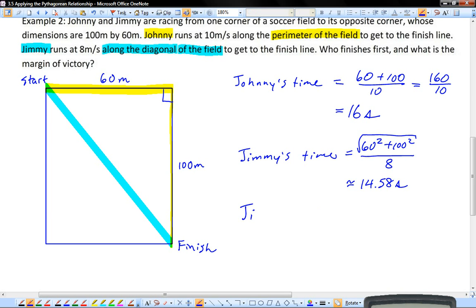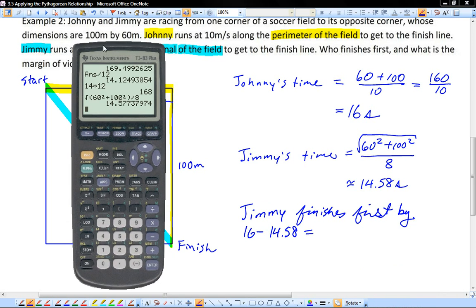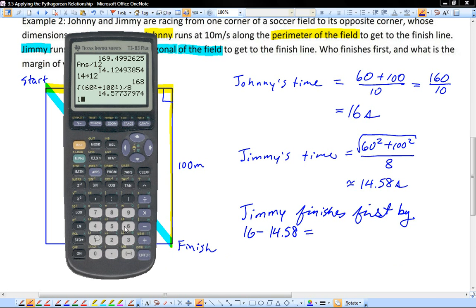So Jimmy finishes first by, and now we just do 16 minus 14.58 to find out the margin of victory. So 16 minus that answer that I got in the previous line is 1.42 seconds.